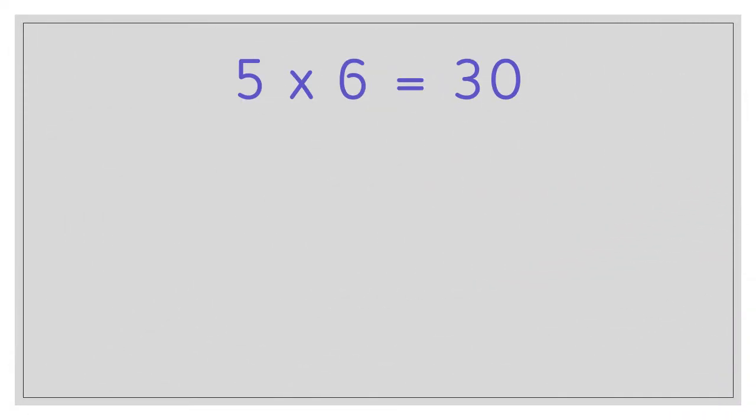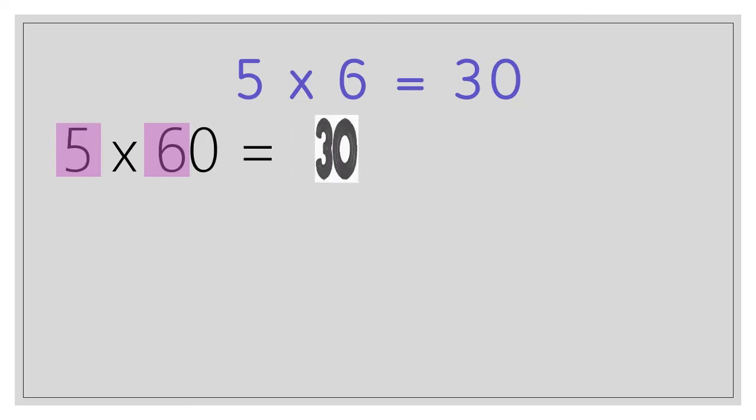Let's change up our basic fact and use 5 times 6 equals 30 to help us solve a few bigger problems. So, what about 5 times 60? Well, again, we know that 5 times 6 is equal to 30. And then I have to find how many zeros are in these two factors.